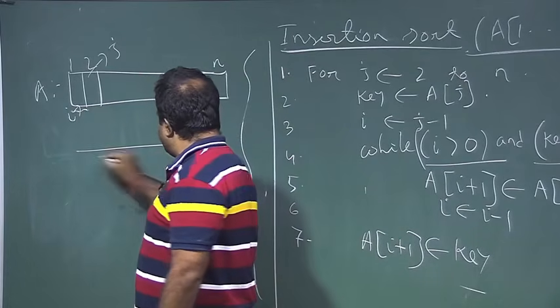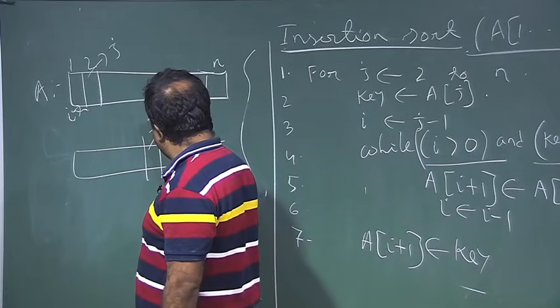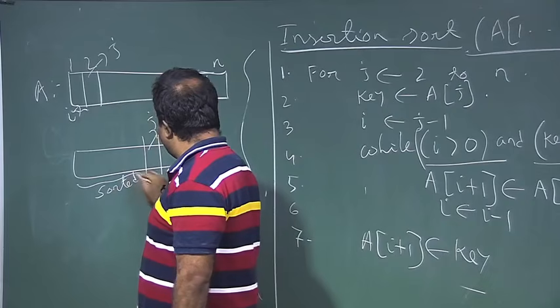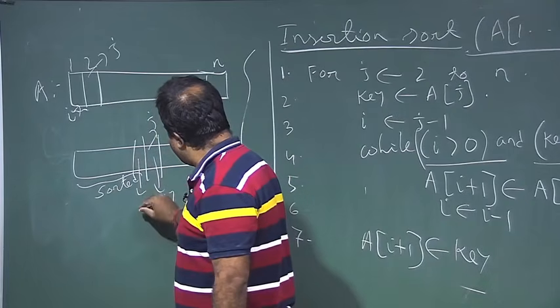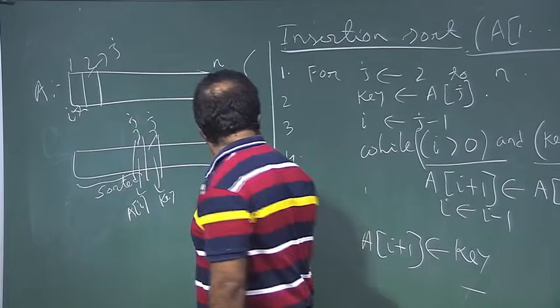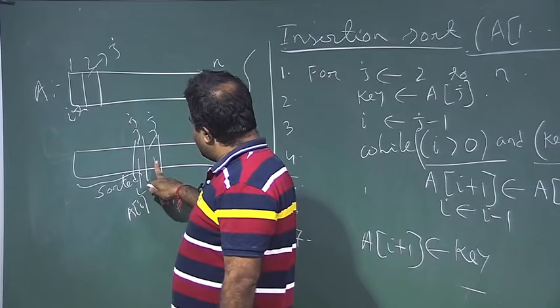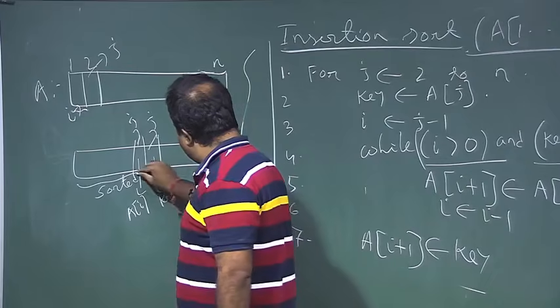Now our loop invariant is that j will be pointing somewhere, and everything before it is sorted. This is our key, and this is A[i], where i is j minus 1. If the key is greater than A[i], then no need to do anything, we can just increase j by 1 by the for loop, that is it.